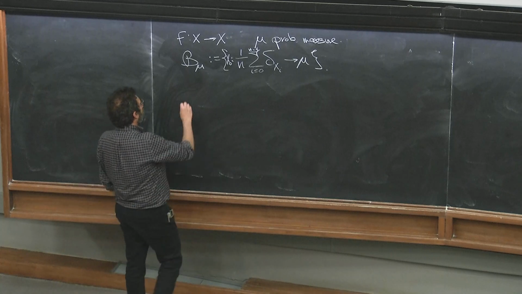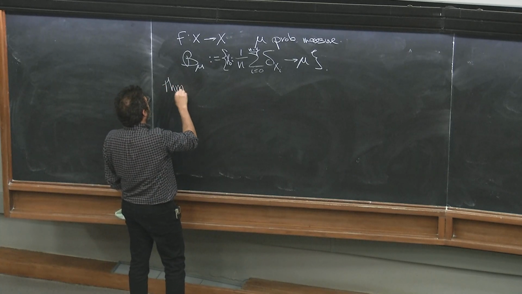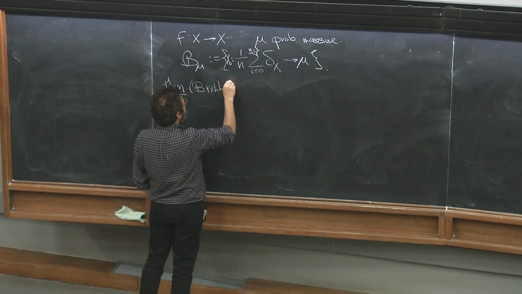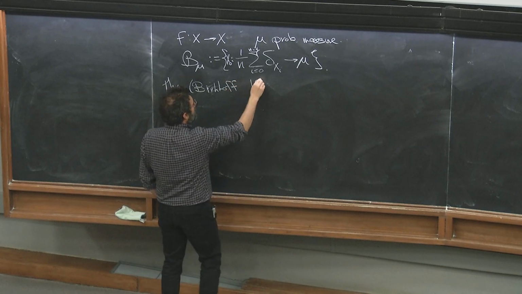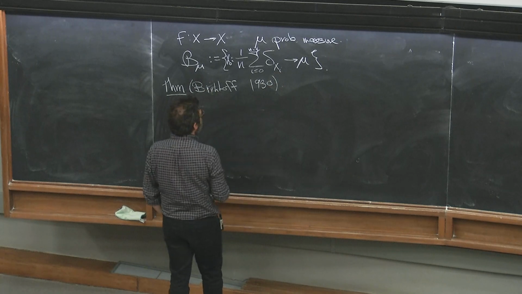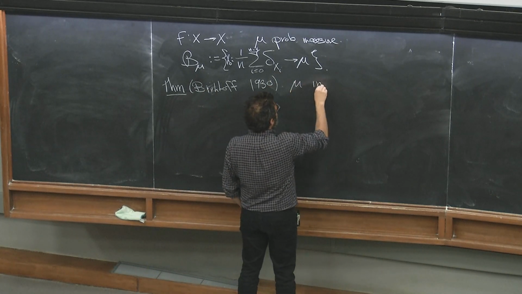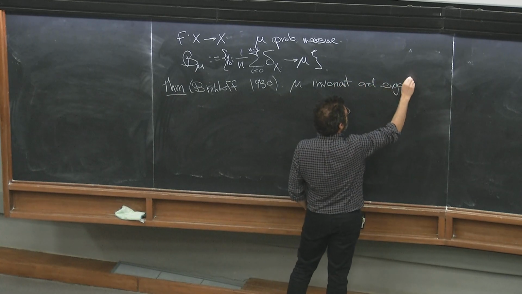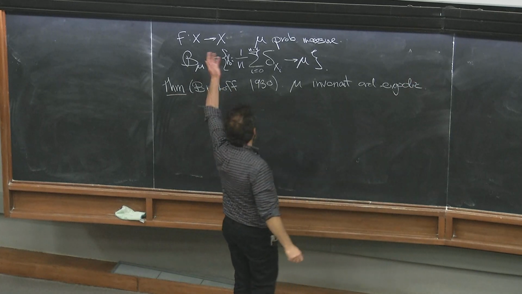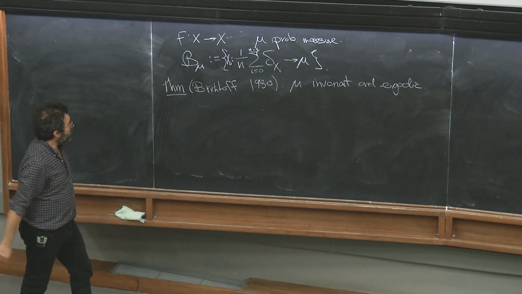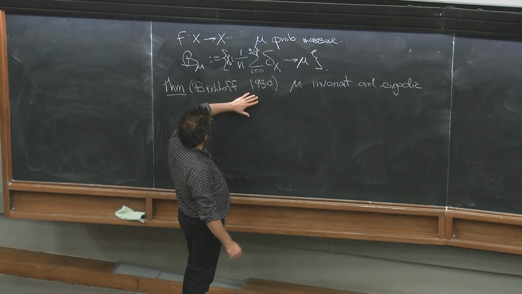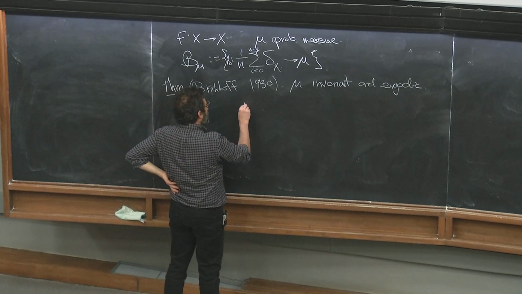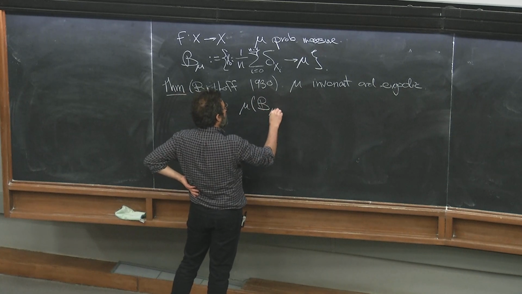This is not exactly Birkhoff's ergodic theorem, but one of the corollaries of Birkhoff's ergodic theorem is that if μ is invariant and ergodic, and the space X is, for example, a compact metric space, then the basin of μ is non-empty and has full measure.